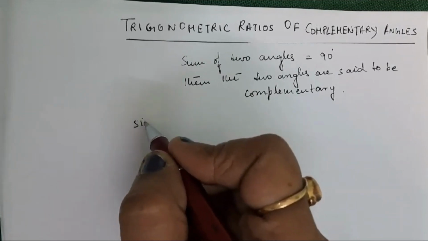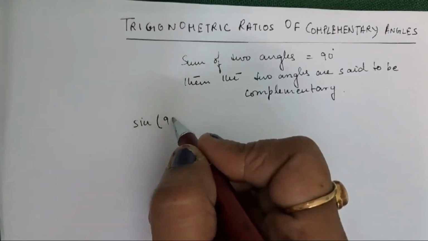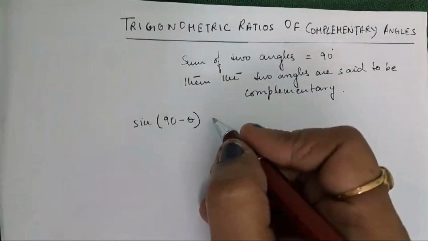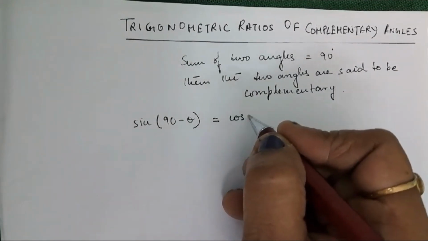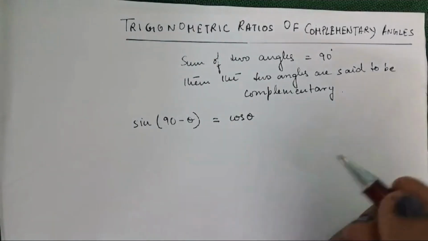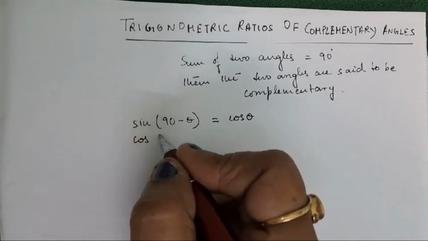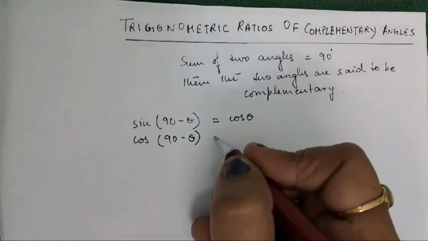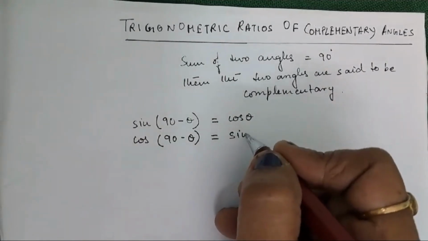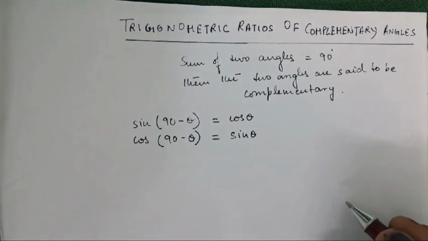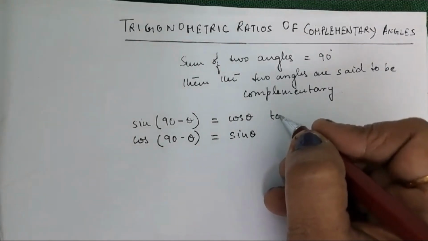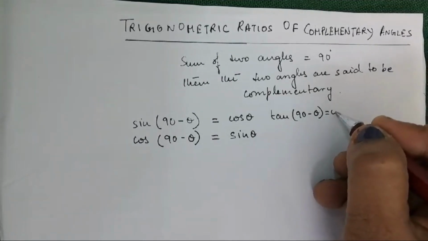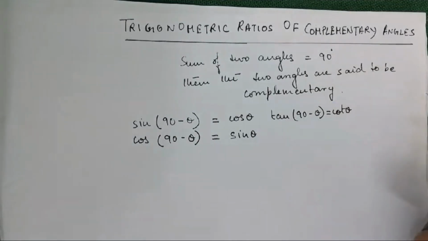For example, if it is in the form of sin 90 minus theta, then the trigonometric ratio changes and it becomes cos theta. If it is cos 90 minus theta, then it changes to sin theta. If it is tan 90 minus theta, then it becomes cot theta.